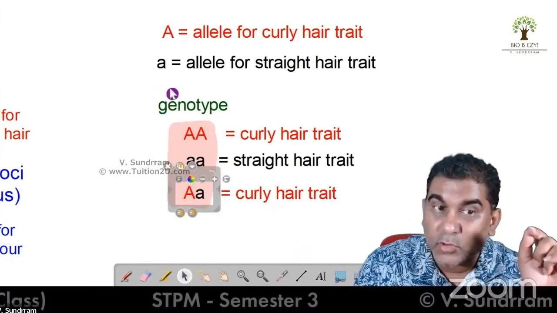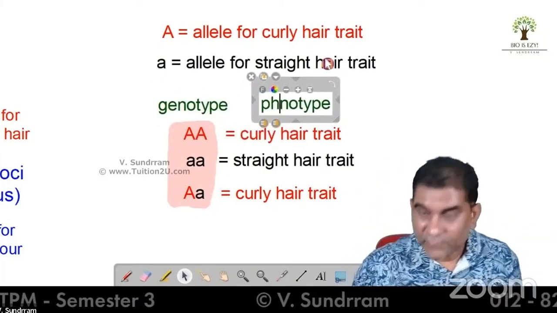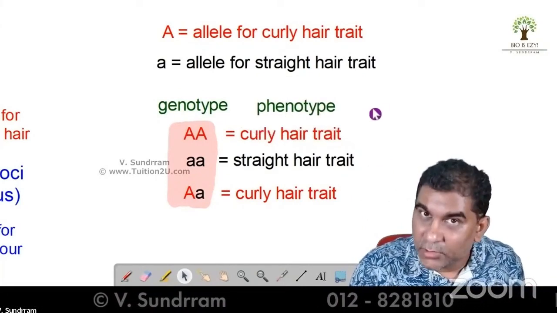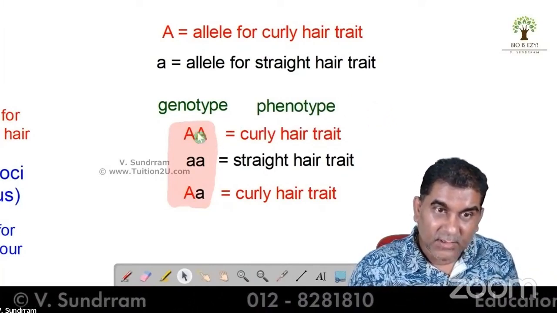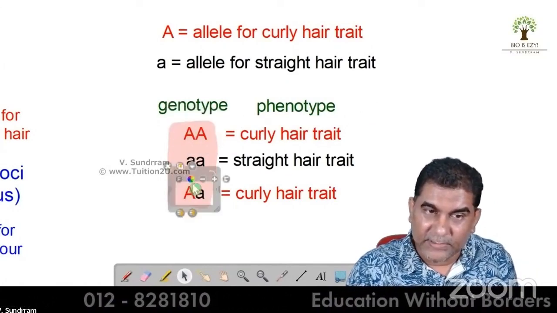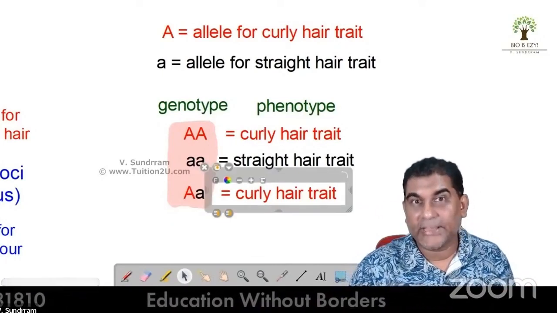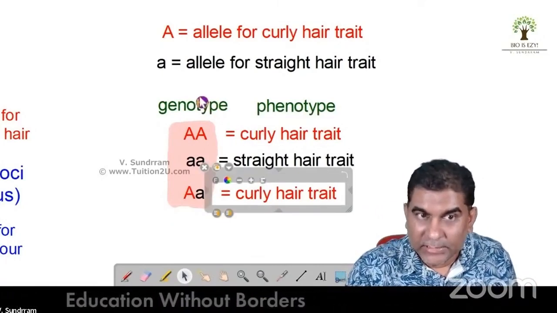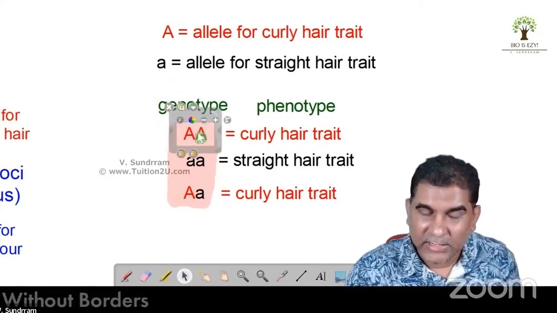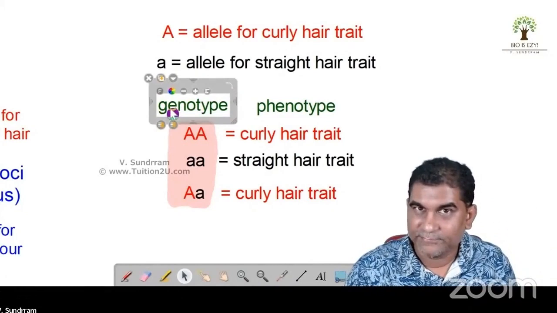But genotype controls phenotype. Phenotype is what you can observe. Curly hair or straight hair, that is phenotype. Take note, sometimes the genotype is different, capital A, small a, but the phenotype is the same. Genotype is genetic contents, what alleles that person has.